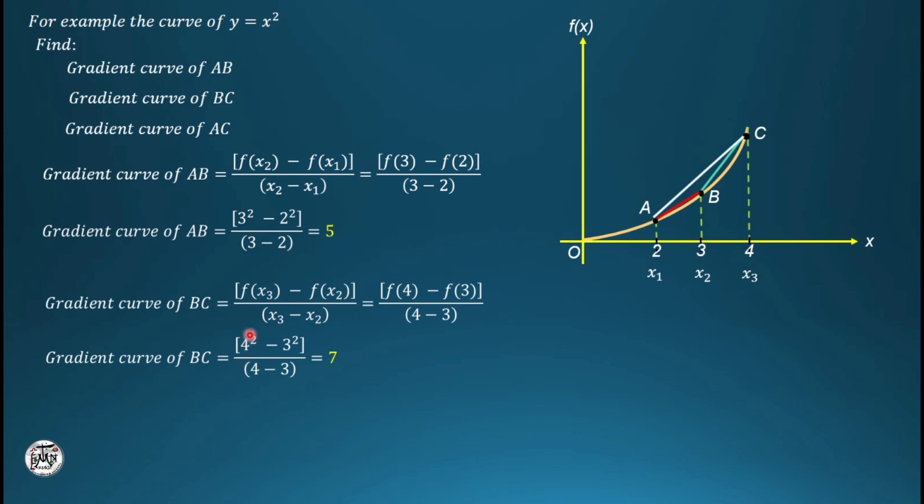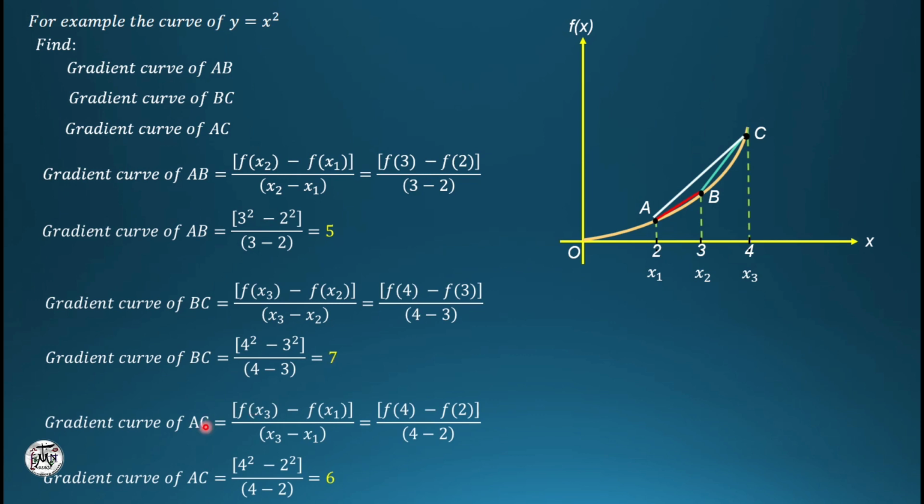Substituting into the equation, that is 4 squared minus 3 squared over 4 minus 3. The answer is 7. Therefore, the gradient of the curve BC is equal to 7.